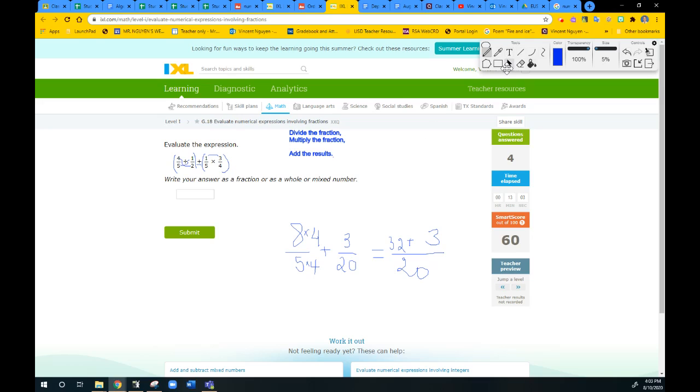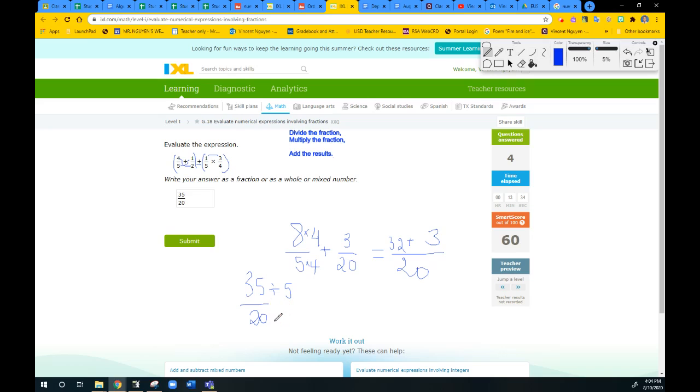35 over 20. So what if I type that in? Here's the question. Can I simplify this? So can I simplify 35 over 20? Is there some number that can go into both 35 and 20 evenly? Well, the answer is yes, sir. You can divide both of them by 5.